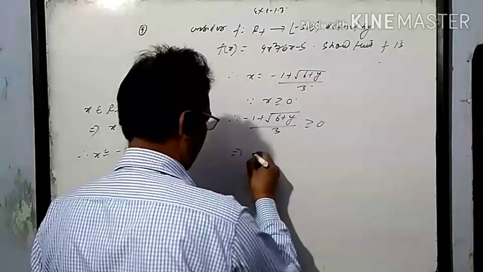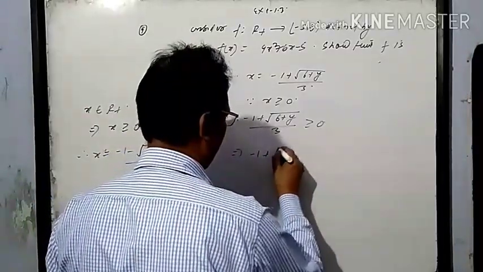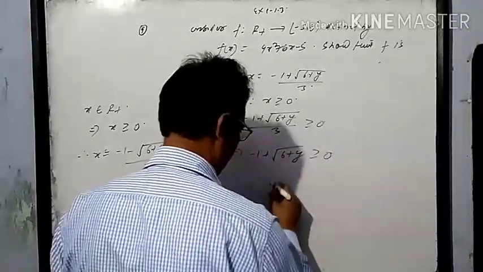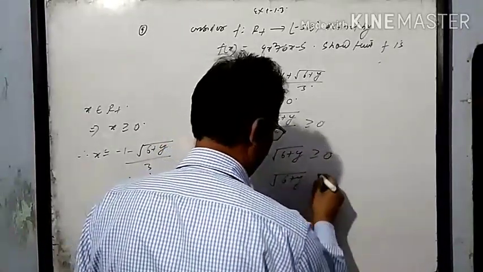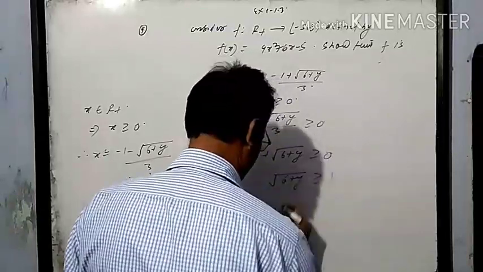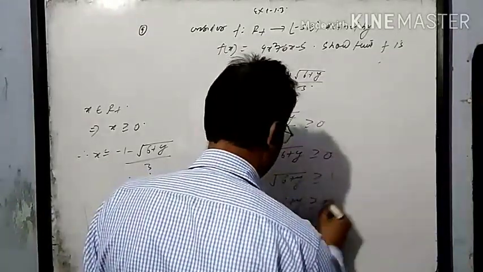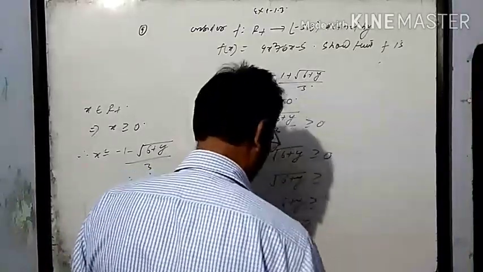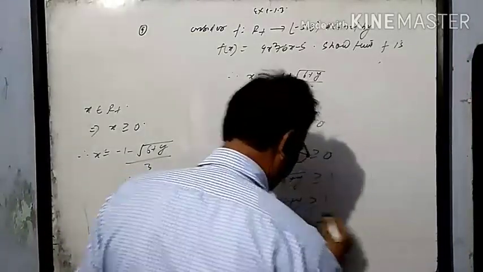This implies that √(6 + y) is greater than or equal to 1, so 6 + y is greater than or equal to 1. This implies that y is greater than or equal to -5.